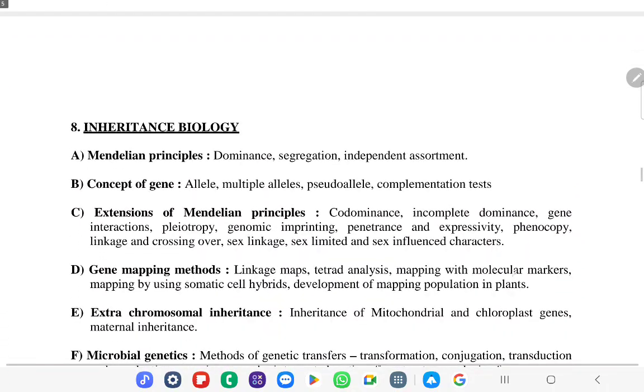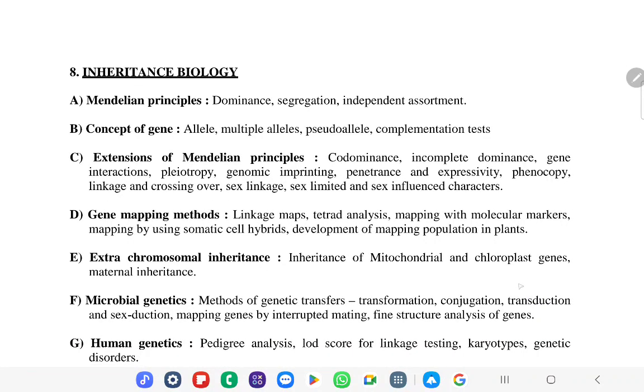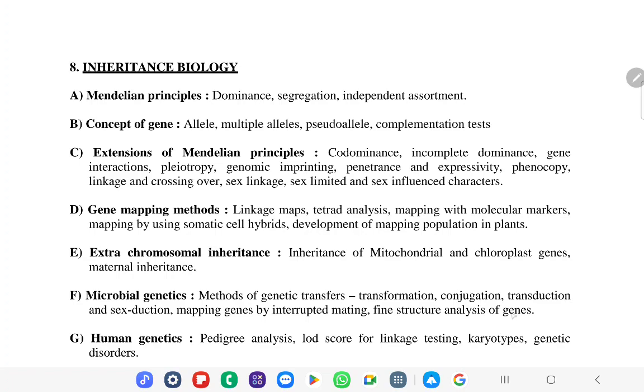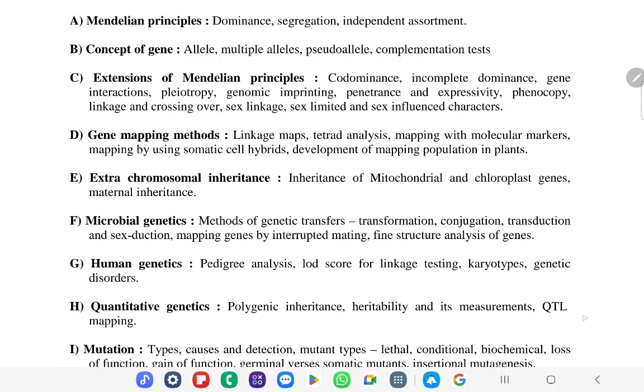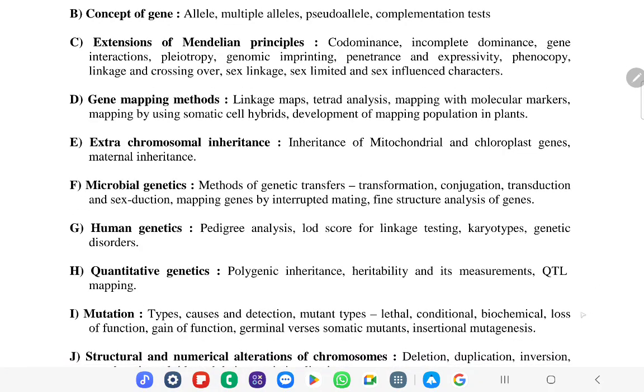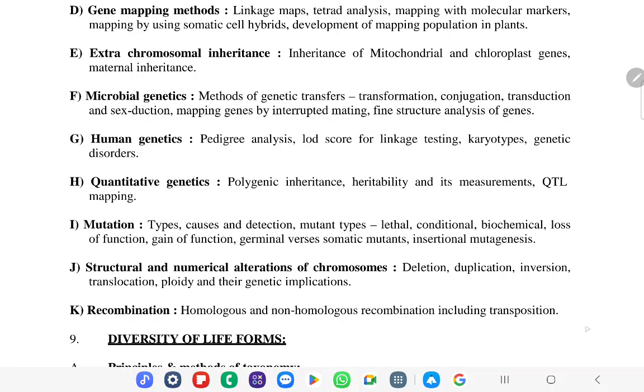The next unit is inheritance biology. In inheritance biology, we can see Mendelian principles, concept of gene, extension of Mendelian principles, gene mapping methods, extra chromosomal inheritance, microbial genetics, human genetics, quantitative genetics, mutation, structural and numerical alterations of chromosomes, and recombination.